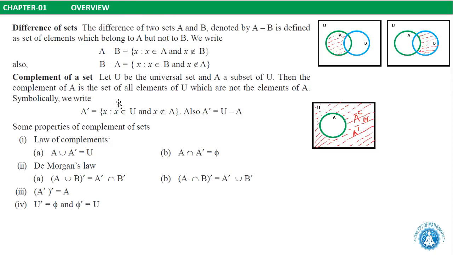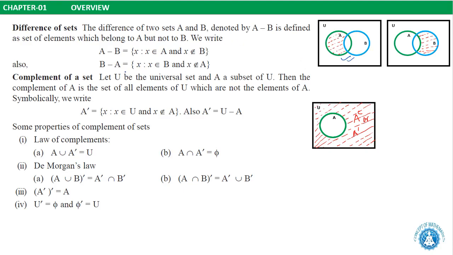Next comes the difference of sets. The difference of sets A and B, denoted by A minus B, is defined as the set of elements which belong to A but not to B. As I said earlier, it is A not B. We write A minus B as the set of all x such that x belongs to A and x does not belong to B. This is represented by this Venn diagram.